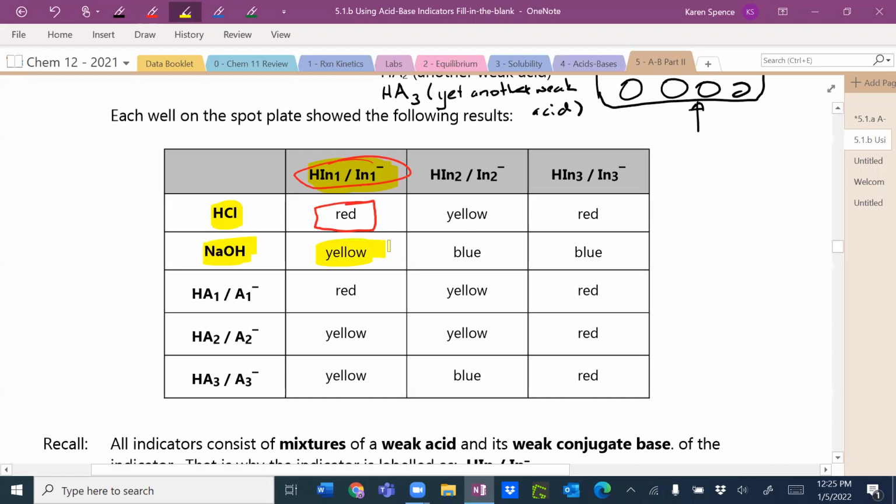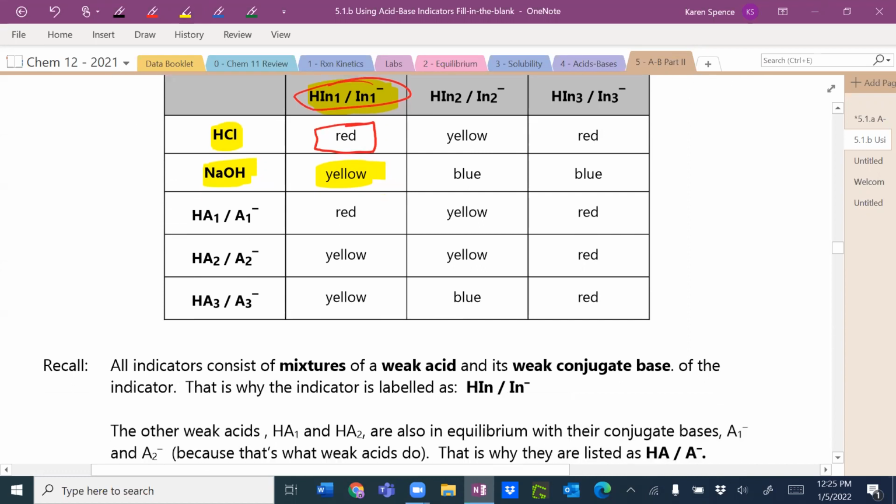So what are the two colors of indicator 1? I'm just seeing if anyone's awake. What are the two colors of indicator 1? Together they make orange. The two species, though, we've got a red one and a yellow one.